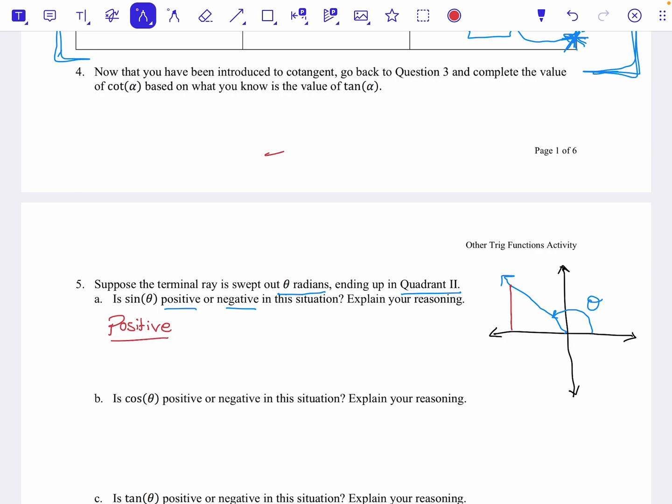So sine is positive because sine of theta represents a vertical distance, or you can also think of it as your y coordinate, which is positive in quadrant 2.